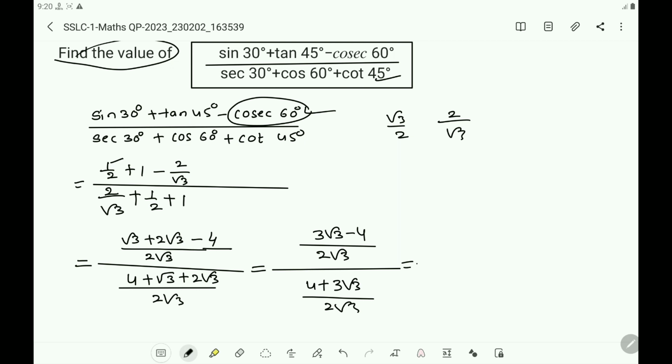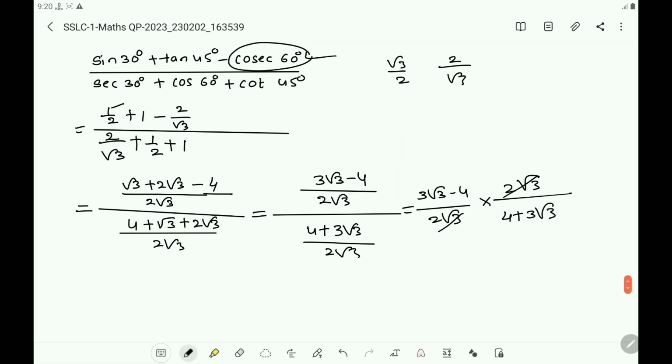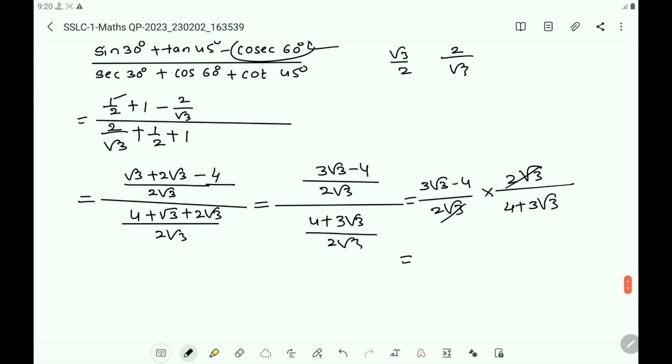That equals (3 root 3 minus 4) by 2 root 3, into 2 root 3 by (4 plus 3 root 3). These two cancel, which equals (3 root 3 minus 4) by (4 plus 3 root 3).